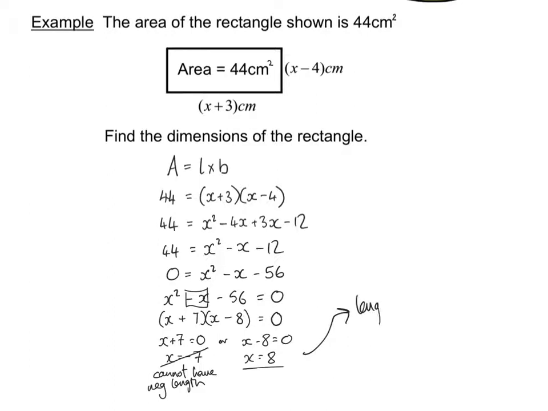Length equals, and it's 8 plus 3, so 11 centimetres, and breadth. And again, looking up at the breadth of the rectangle here, x minus 4. Now if x is equal to 8, then that's 8 take away 4, which is 4 centimetres long. So I'm just going to write that down here. And that's it.